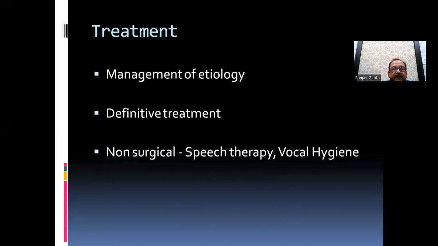In idiopathic conditions, 25% of cases, there is idiopathic vocal cord paralysis. So, non-surgical treatment is done for that, where you can do speech therapy and vocal hygiene has to be practiced.